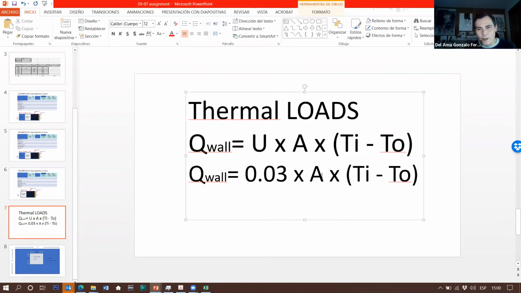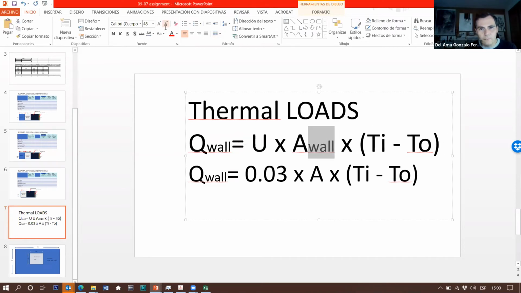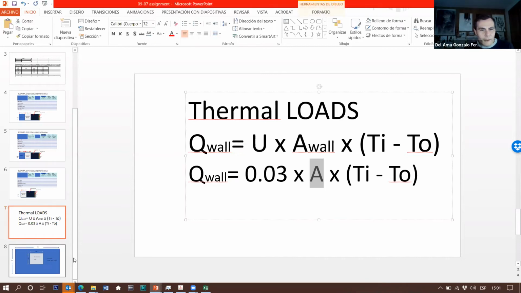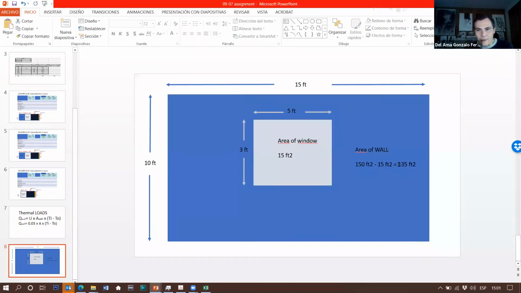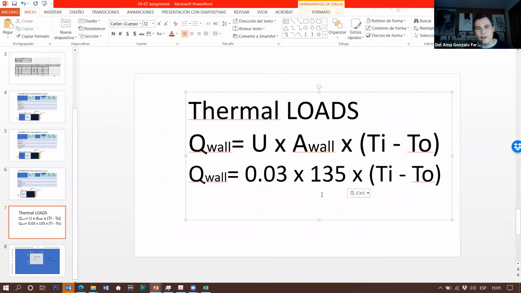What is the area if we are calculating the thermal loads through the wall? The area of the wall is 135 square feet. And finally, we have indoor temperature minus outdoor temperature.